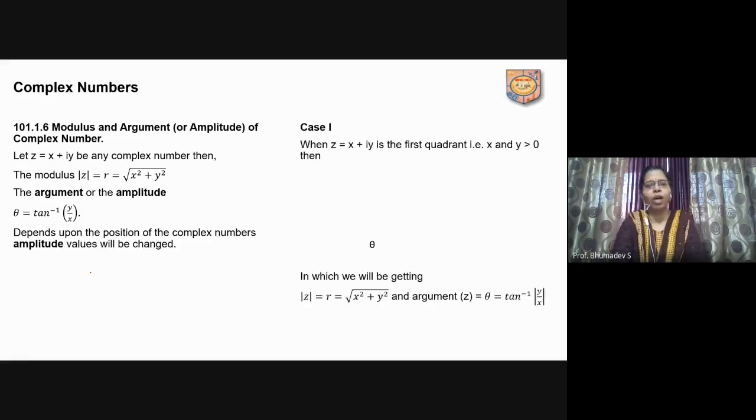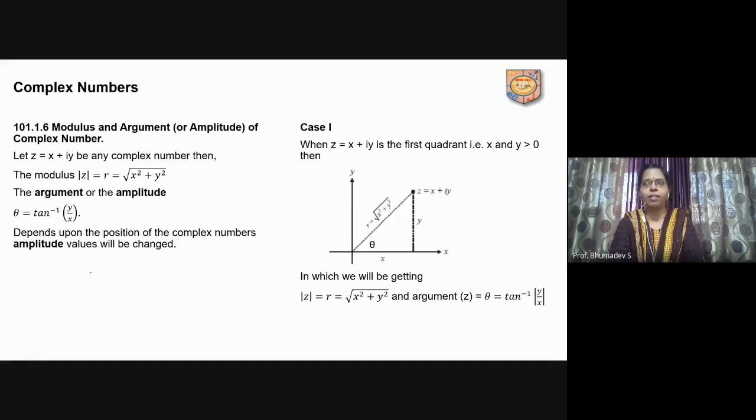Case 1: when z equals x plus iy is in the first quadrant, where the x and y values are greater than 0, z can be represented as x plus iy, where the imaginary part is y and the real part is x.